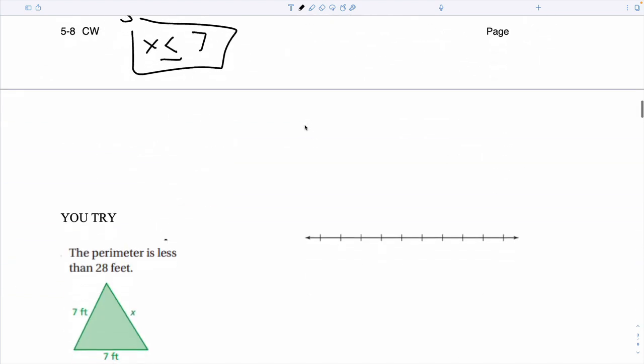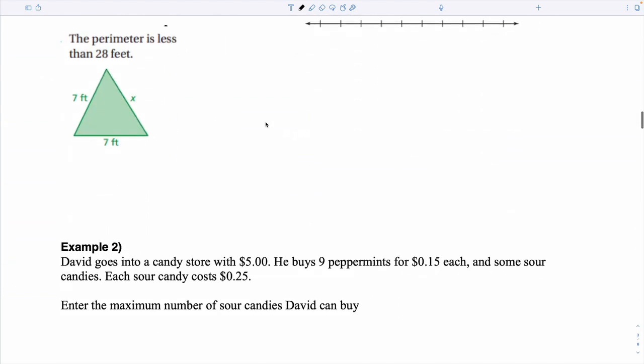You try this one on your own. The perimeter is less than 28 feet. It's a triangle, but the perimeter is still adding up all the sides, just like a rectangle.